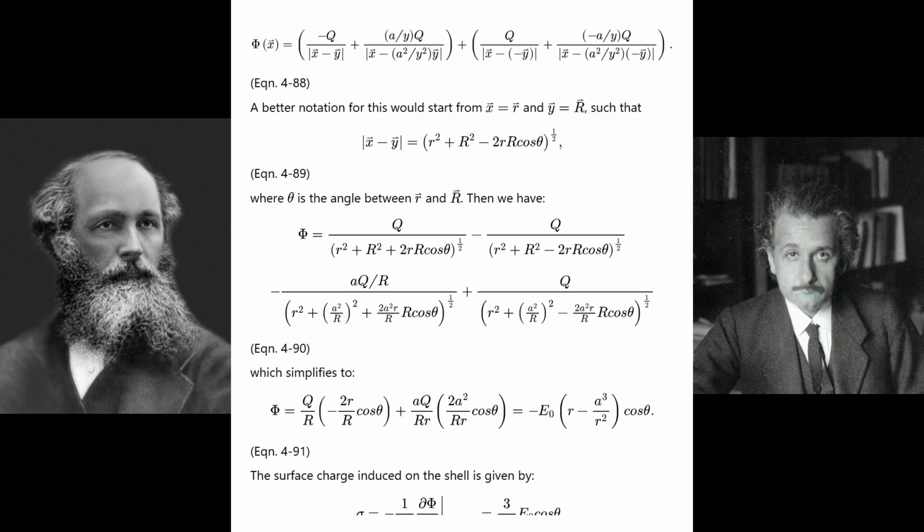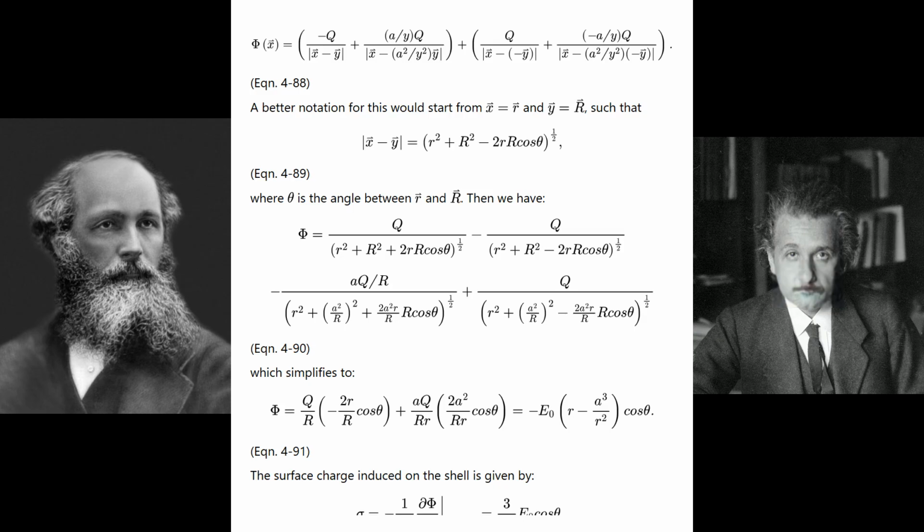A better notation for this would start from x vector equals r vector and y vector equals r prime vector, such that equation 4-89, where theta is the angle between r vector and r prime vector. Then we have equation 4-90, which simplifies to equation 4-91. The surface charge induced on the shell is given by equation 4-92.